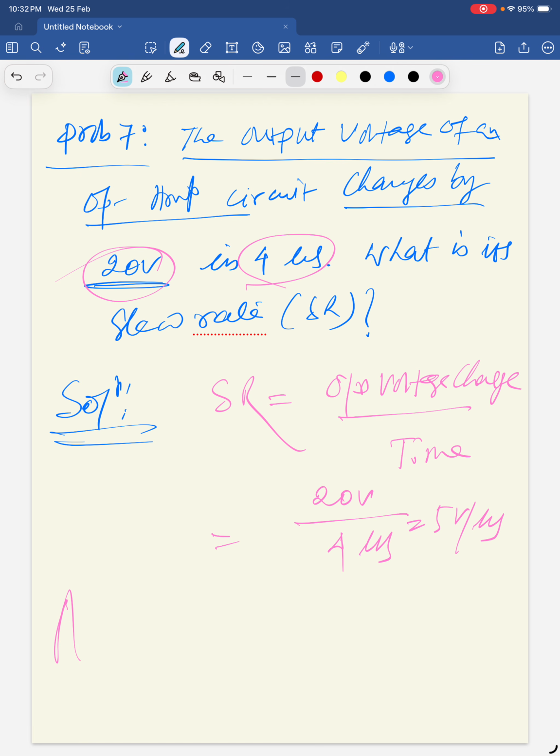So this is the answer: slew rate, that is equal to dV0 by dt, which is nothing but 5 volt per microsecond. So we have solved many numericals. Problem 7, so 7 problems we finished.